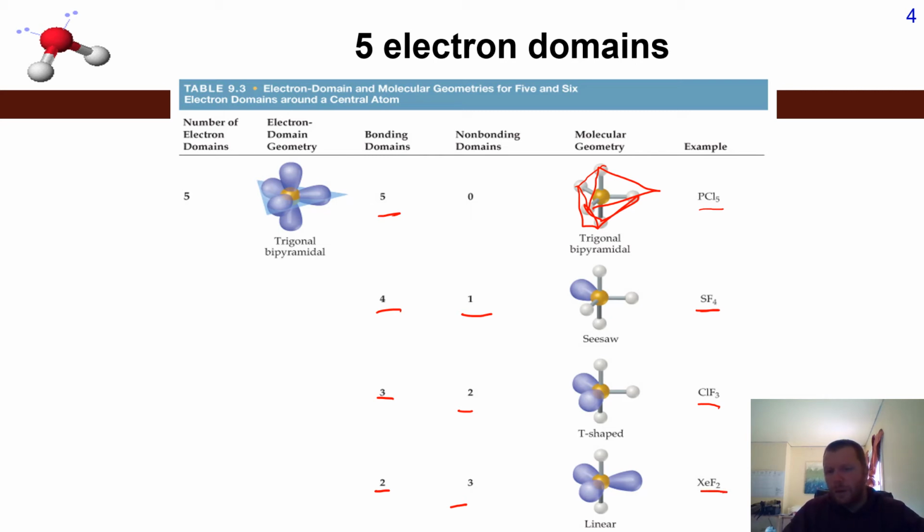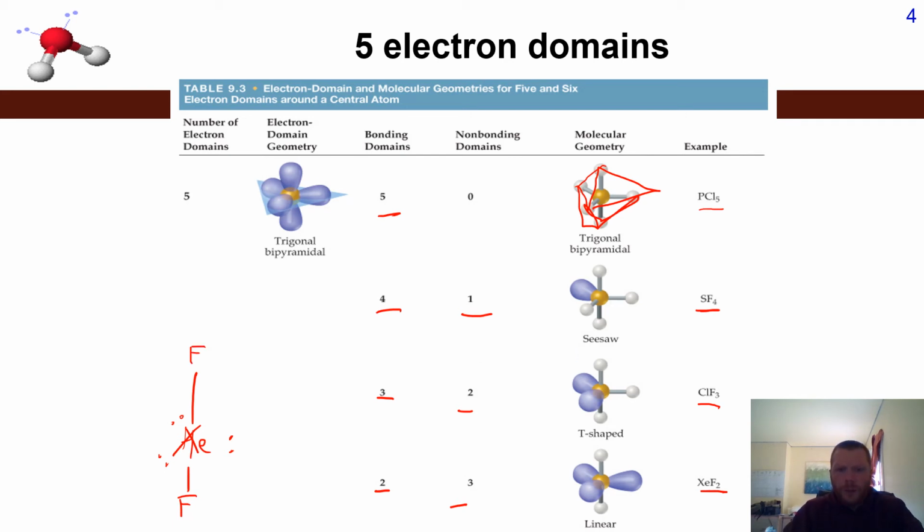That's a linear molecule, but a little bit different from, say, CO2, because we have these 3 lone pairs of electrons. Oh, that's supposed to be an Xe. 3 lone pairs of electrons, and then on the opposite poles, we have F and F.